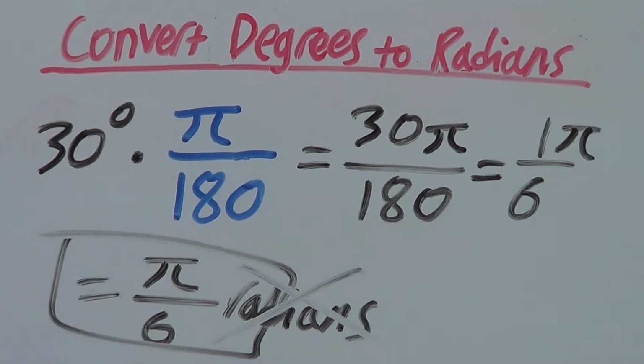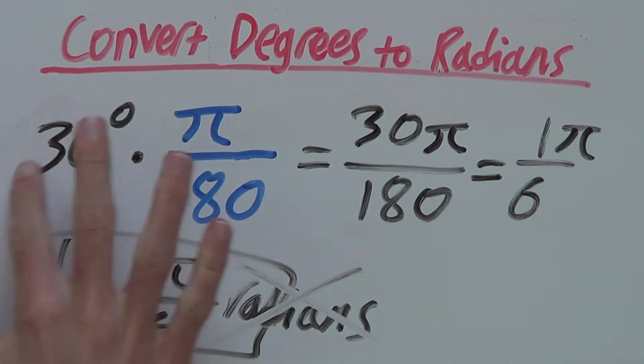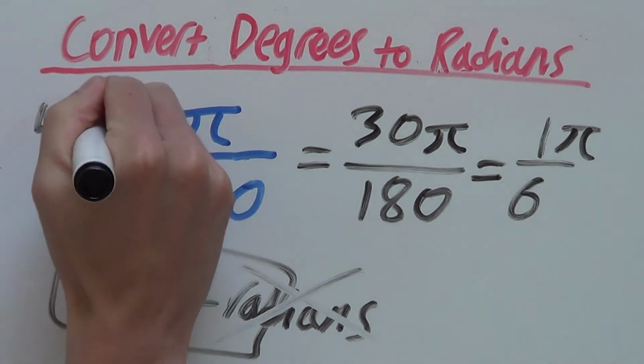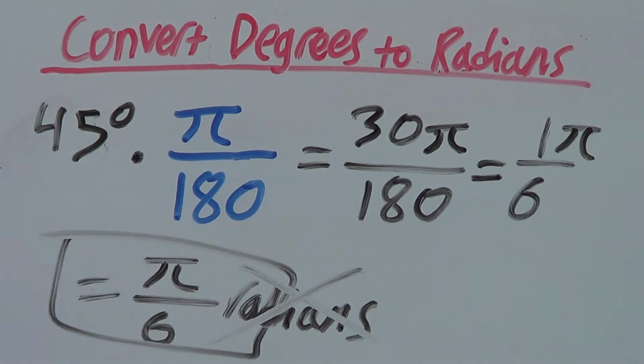So that's how you do it. Whatever your degrees is, you times it by pi over 180. So if it was 45 degrees, it would be 45 pi over 180, and then you'd simplify.